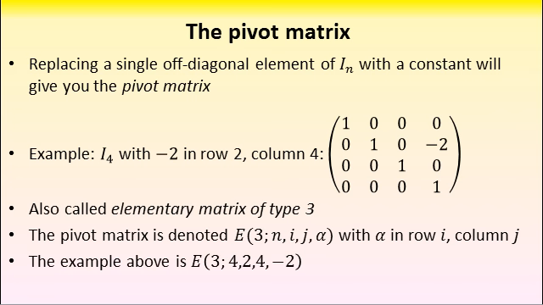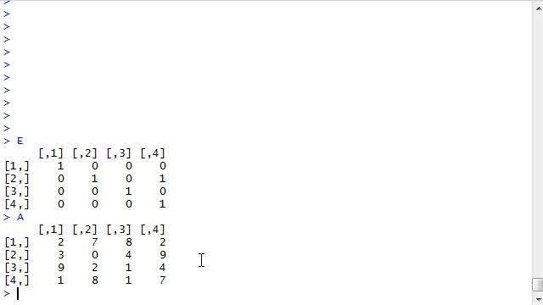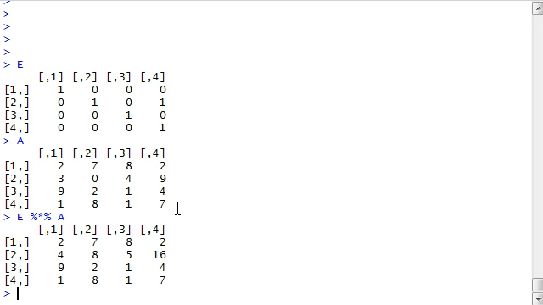When we do multiplication with the pivot matrix, the result is slightly more complicated than the swap and the scale matrix. To see the effect, I start with a slightly simpler pivot matrix where the constant is 1. If I do E times A, the result might at first not be completely obvious, but the first thing we see is that it's only the second row that's affected.